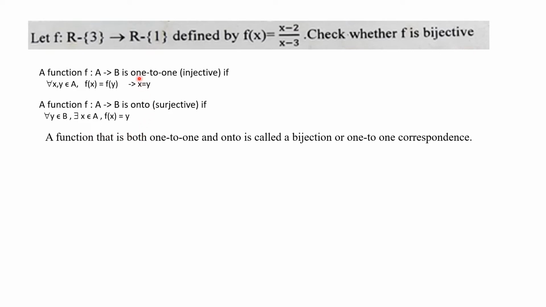Only if we can write this function f of x is equal to (x minus 2) by (x minus 3) in one-to-one form as well as onto form, then only we can say that the function is bijective. So first of all we have to check whether f of x is one-to-one or not.